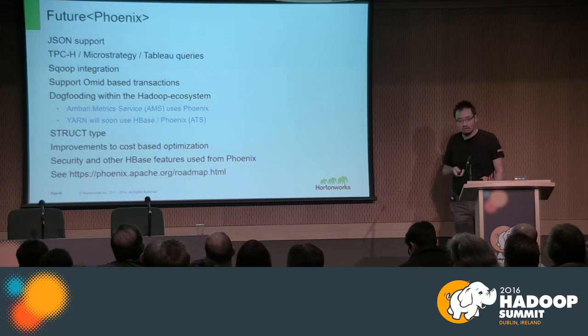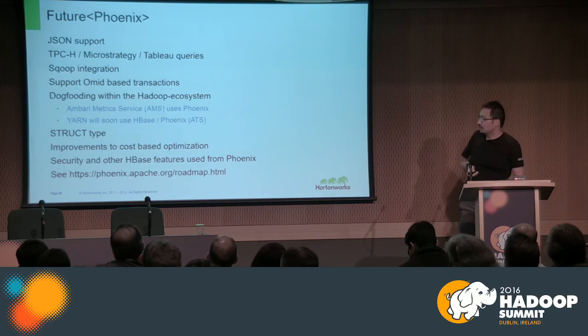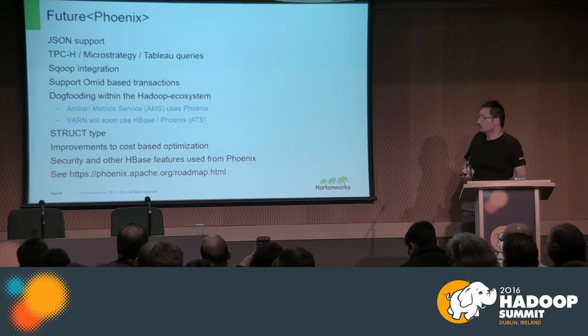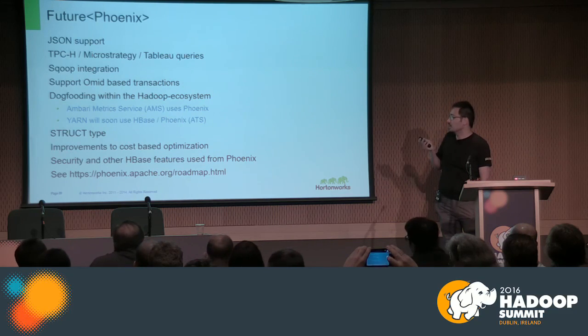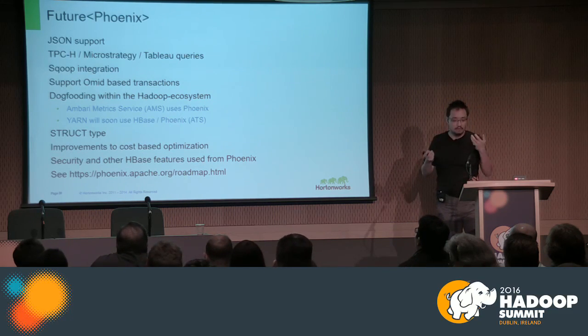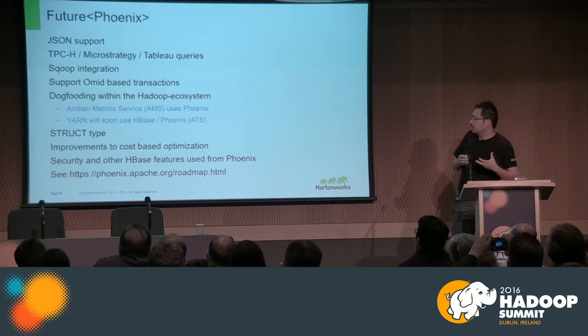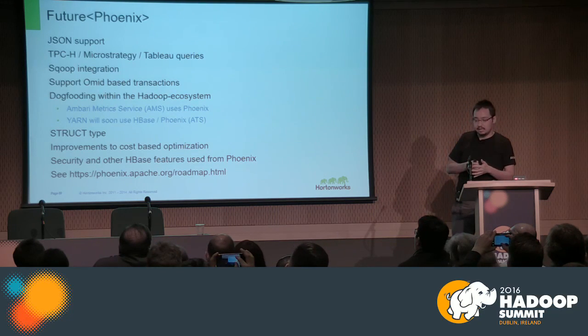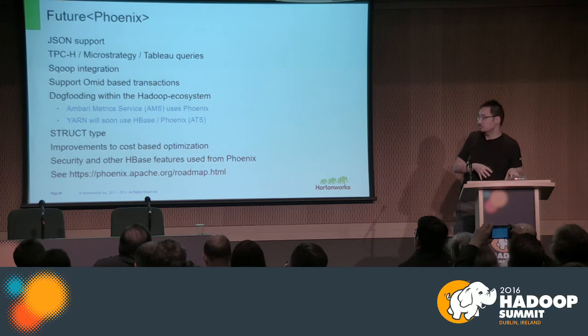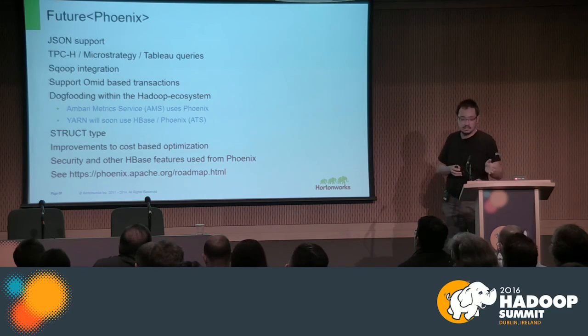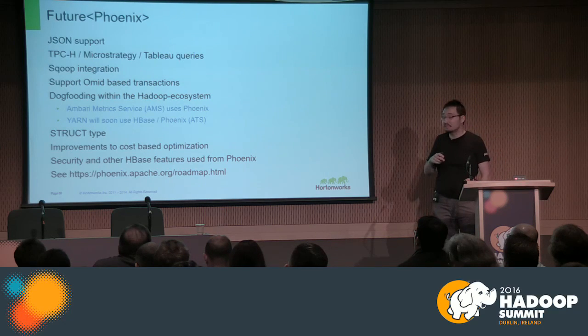There are even more Phoenix features in the works. There's JSON support and TPCH, MicroStrategy, or Tableau kind of queries, executing these in the Phoenix test suite, so that you would know that these will work out of the box with Phoenix.